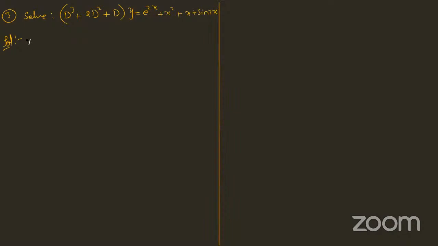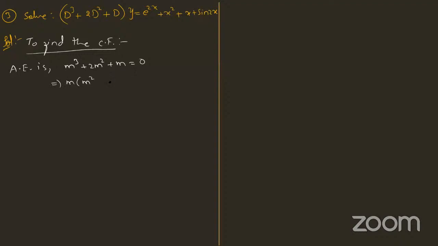Let's do this carefully. Now first of all, to find the complementary function, we need to take the auxiliary equation first, and it is m cube plus 2m square plus m is equals to 0. So to find out the roots of this equation, you can take m common from this.